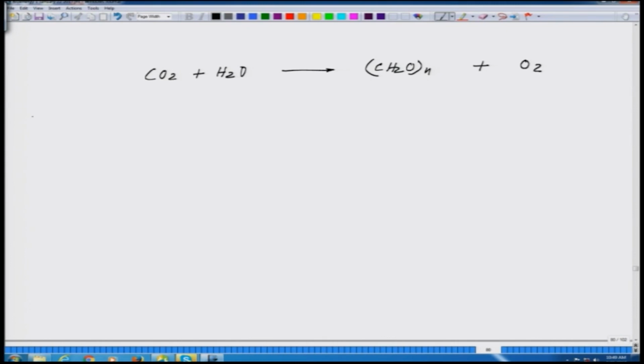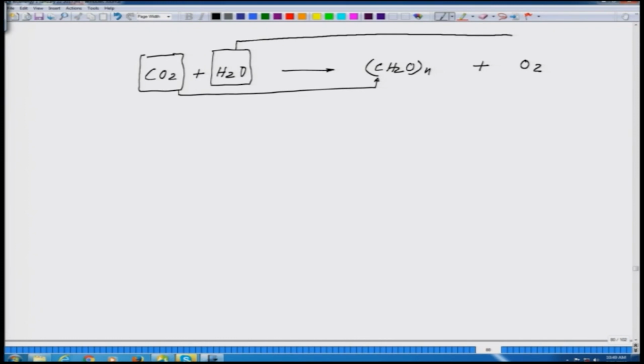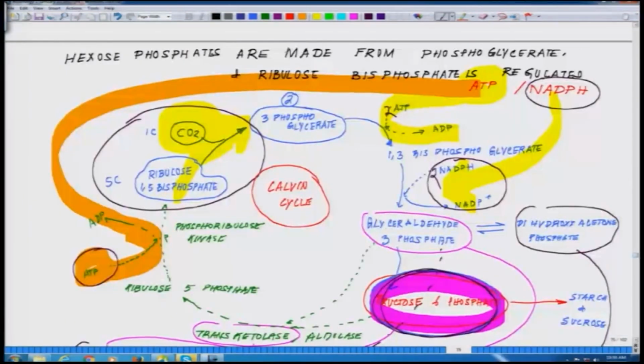This is the first reaction, when we said carbon dioxide is getting reduced to carbohydrates, whereas water is getting split into protons, electrons and oxygen.